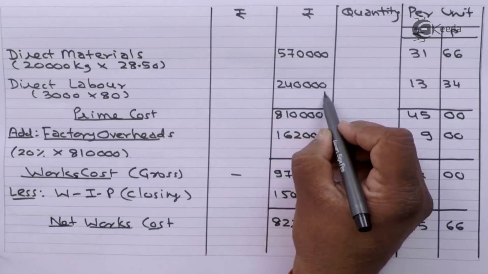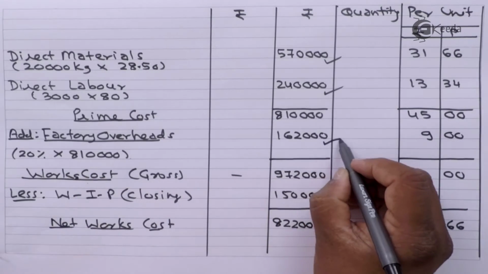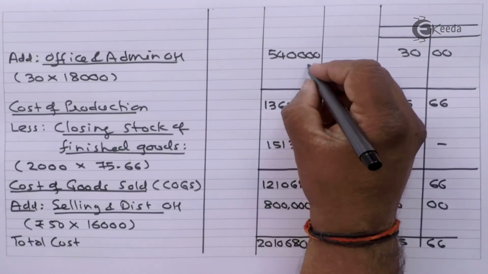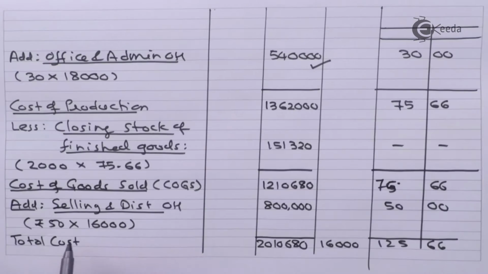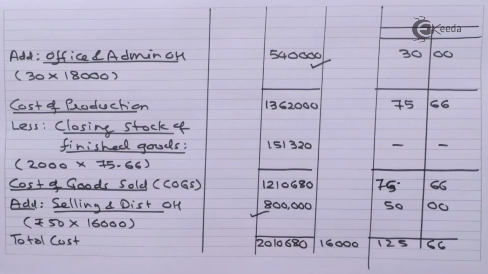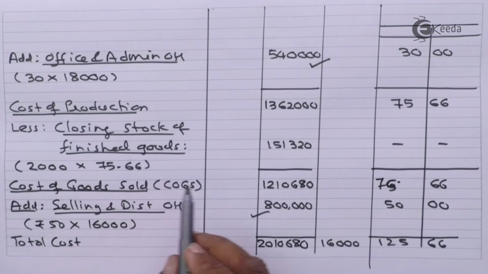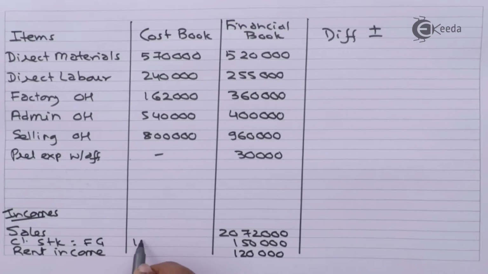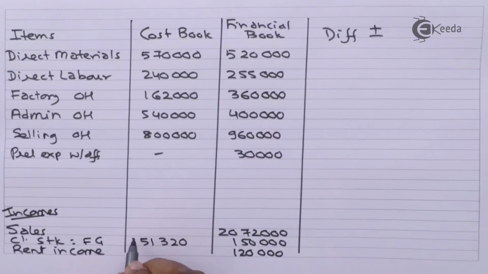Direct labor 2,40,000. Factory overheads 1,62,000. Office overheads 5,40,000. Selling overheads 8 lakhs. Closing stock of finished goods 1,51,320. Sales 20,80,000.